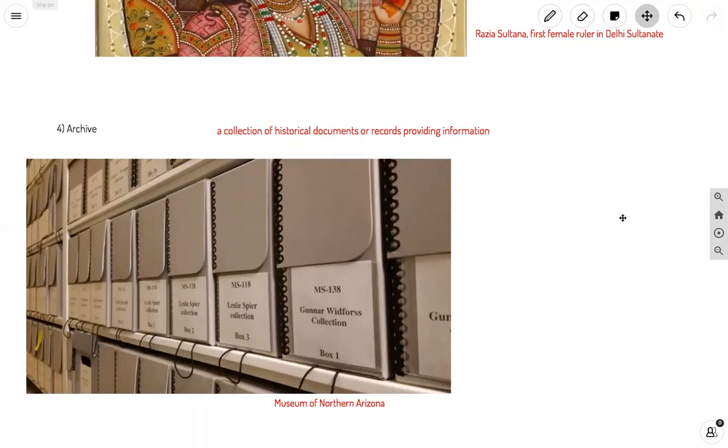Moving on, the last word we must know while writing a creative piece on a night at the museum is archive. Archive, you might have also heard of, and it's a collection of historical documents or records providing information. So now we have digital archives.